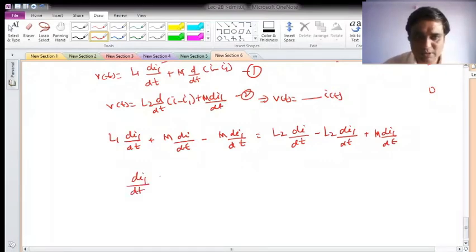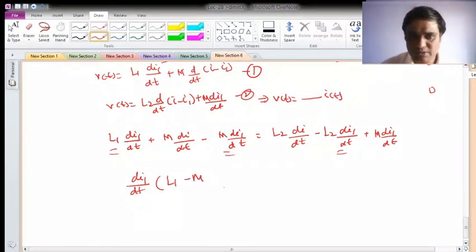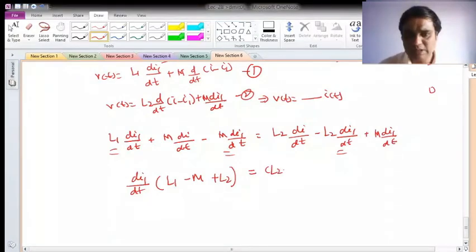So di1 by dt will be L1 minus M plus L2, which will be equal to L2 minus M di by dt.